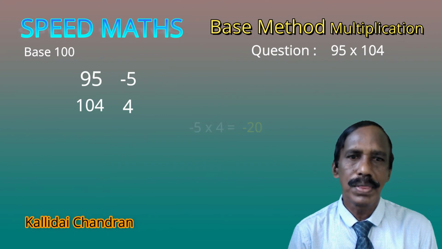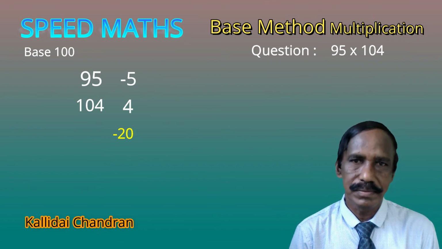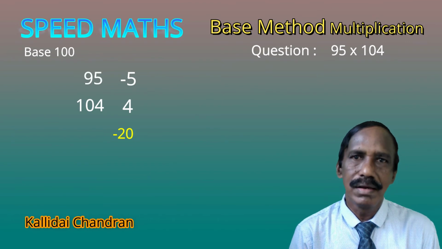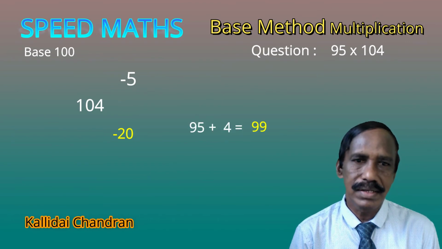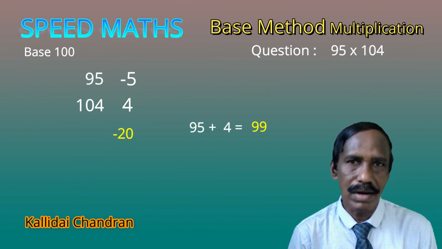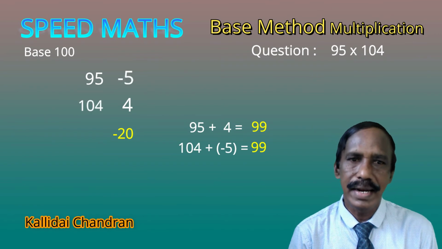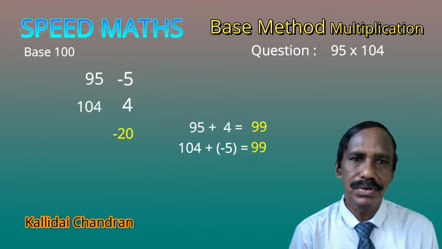Now we have to cross add. When 95 is added with 4, the answer is 99. Similarly, when -5 is added with 104, the answer is 99. So both will always be the same. Now we have to write 99 below 104.